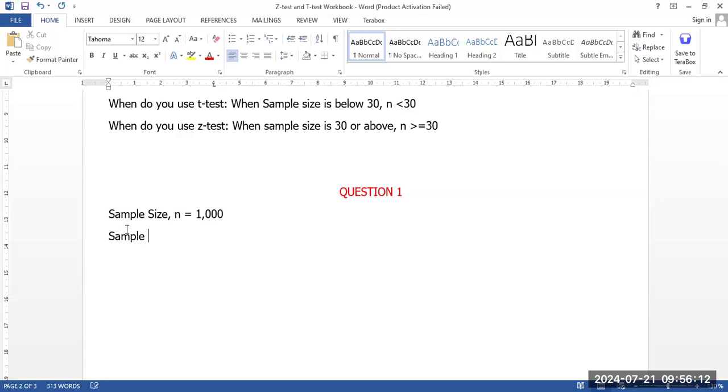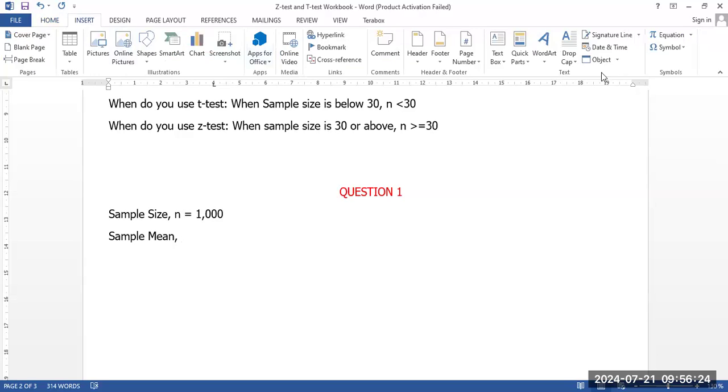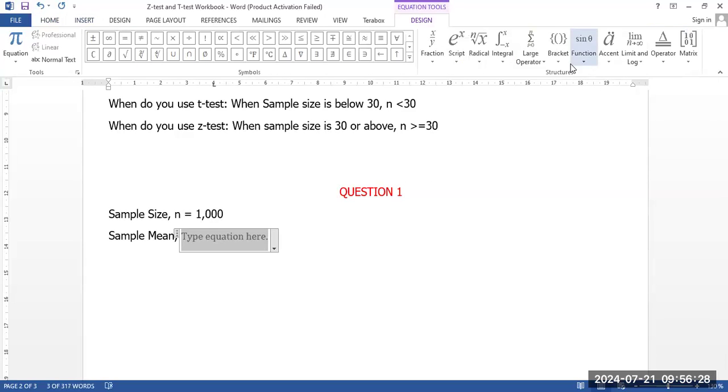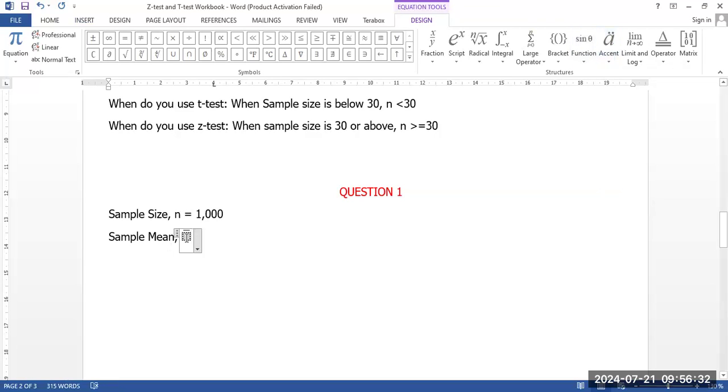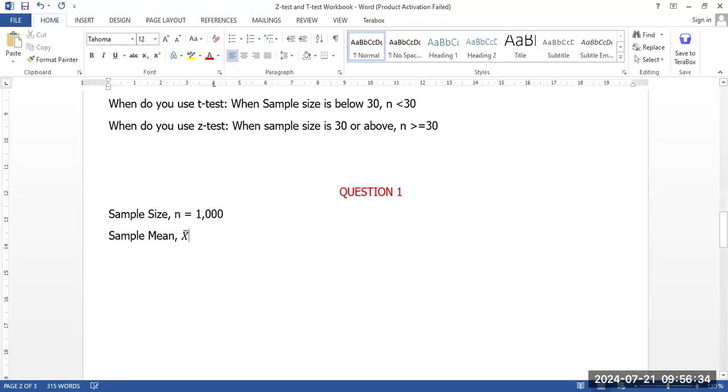The mean is 1,200, the sample mean. And the sign for the sample mean is X bar, which is equal to 1,200.